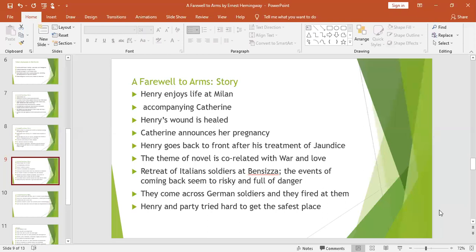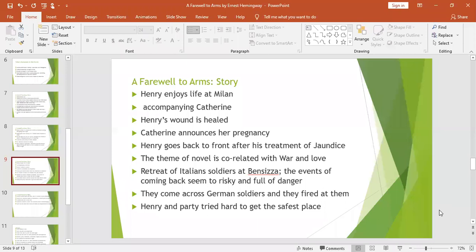So we come to know another event, the retreat of Italian soldiers and Ben Caesar. The events of coming back seem risky and full of danger. Now, what happens? The Italians basically cannot tolerate it, and they retreat. There is a lot of bombardment from the Austrian and Hungarian side, and from Germans too.